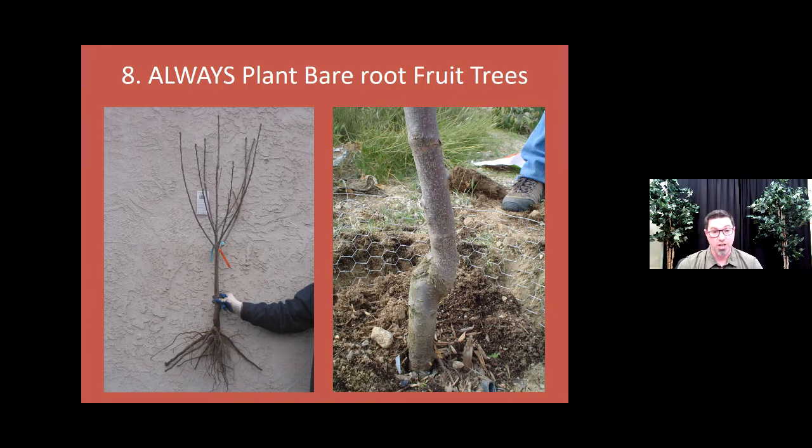It's likely the rootstock has taken over, because most of those varieties are not chosen for their sweet tasting fruit. In some cases, they're not even edible. So this is important to understand where that graft union is. If you don't know where it is on your fruit trees and you already planted them, go out and find it. Next.